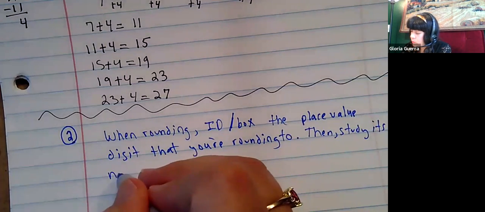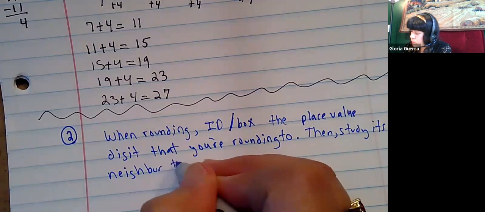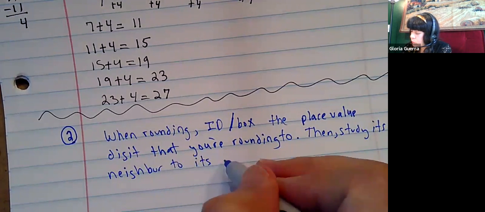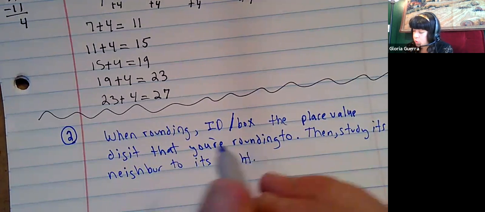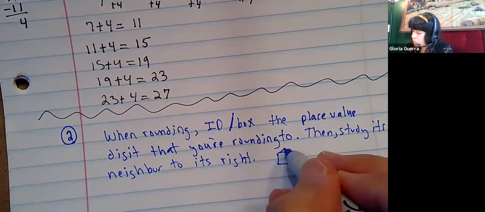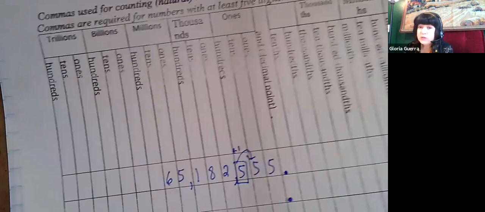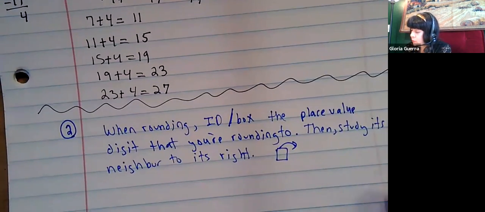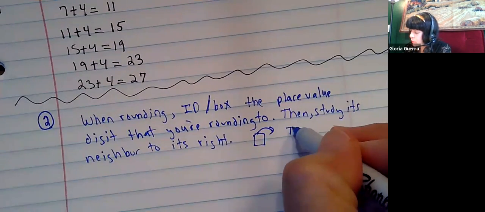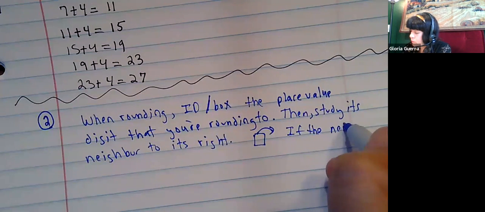its neighbor to its right. So I boxed this and had an arrow. And then it's an if-then statement. If-then, you're comparing. So if there was a digit here, right?